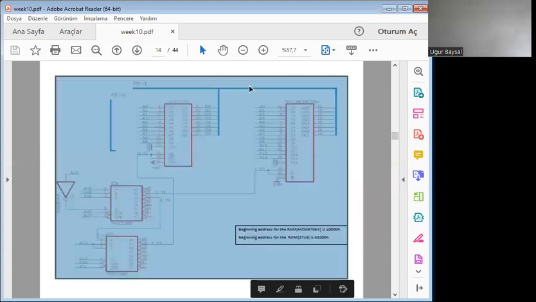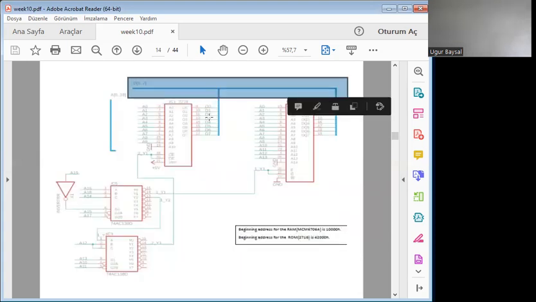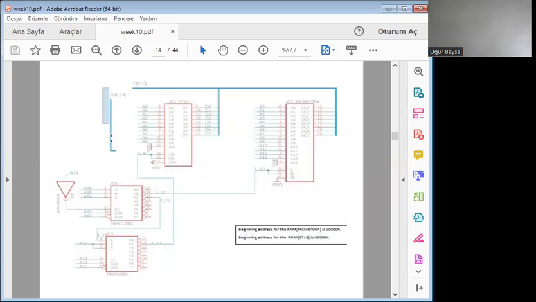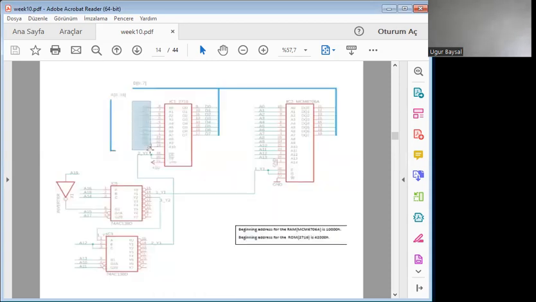This thick blue upper wire represents the data bus, and this vertical wire partly represents the address bus, where due to some coloring or transformation mistakes, some of the connections are not shown directly, but believe me, you connect the address bus connections accordingly.